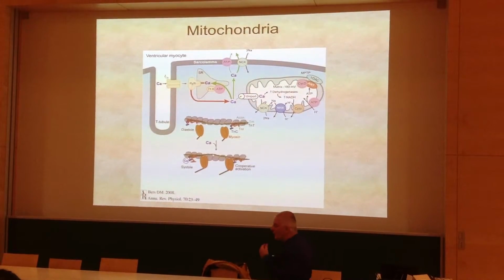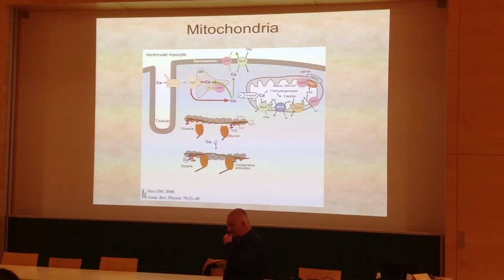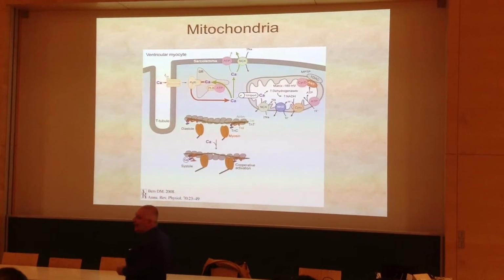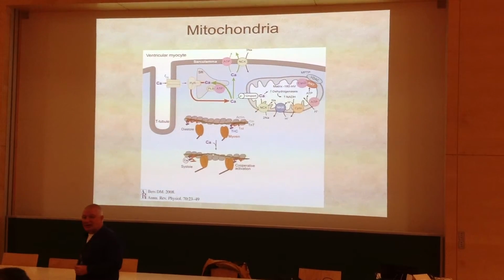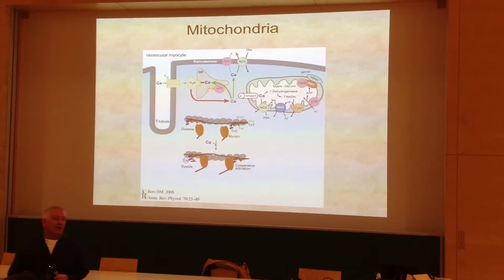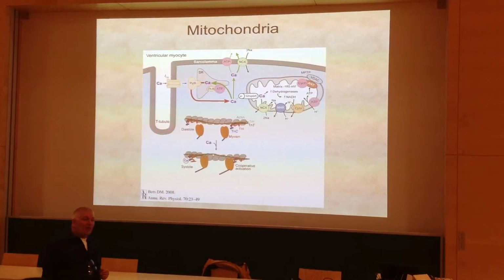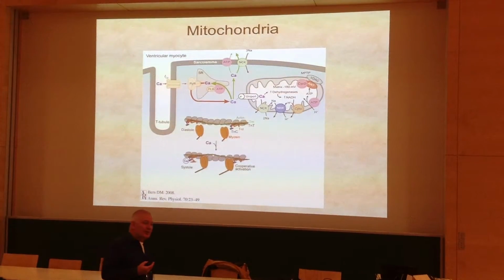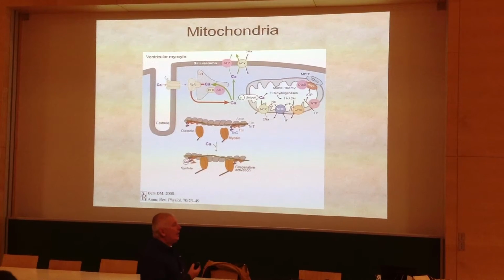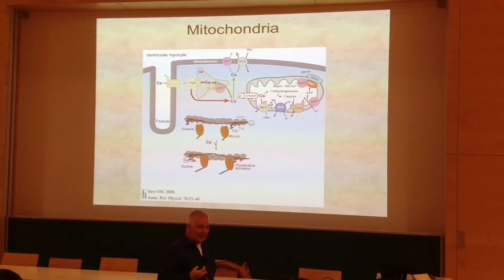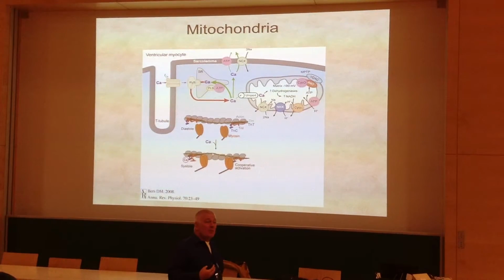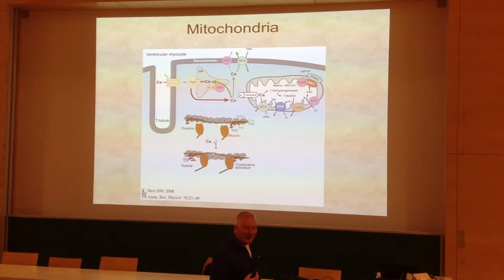Mitochondria. Mitochondria also function as a calcium buffer. As the data shows, roughly 30%, one-third of the calcium released from the sarcoplasmic reticulum, sinks into the mitochondria during the early phase of the diastole. Of course, mitochondria will not store it for a long time.